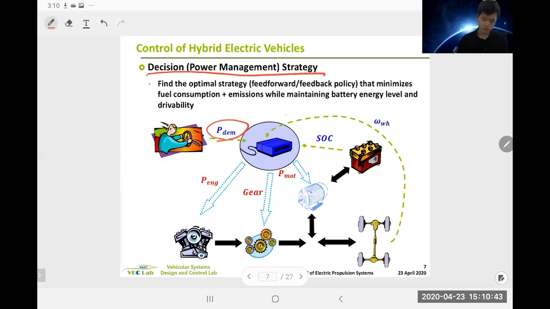And the controller needs to do whatever it has to do to command gear, motor, and engine to provide this power while maximizing fuel economy, right? But this controller gets information such as state of charge, wheel speed, and vehicle speed.